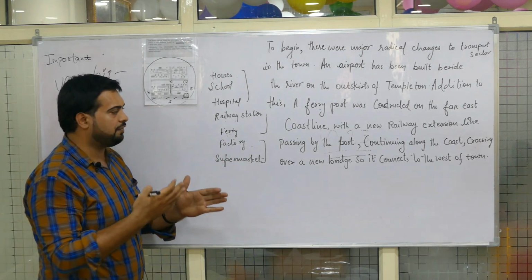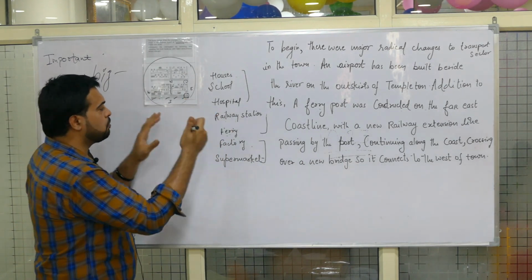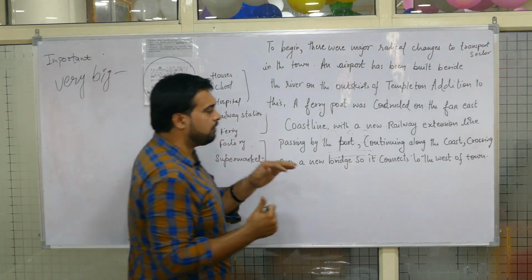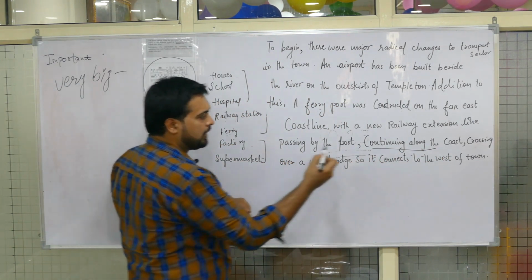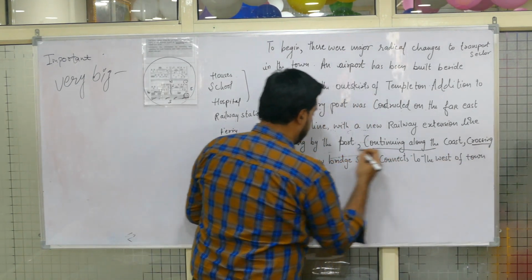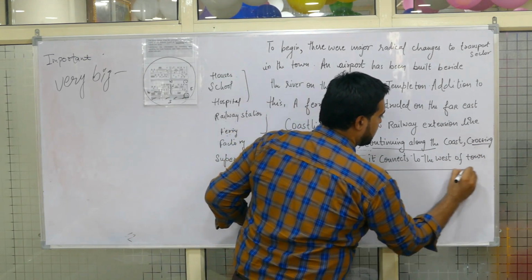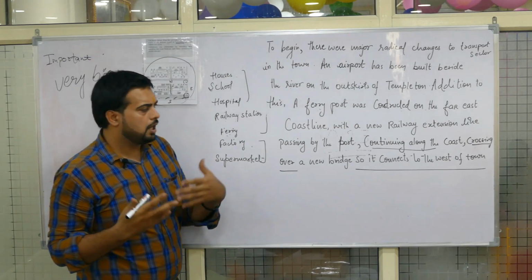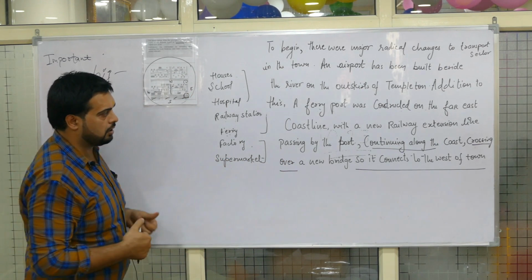Because it has to follow the coast. It means going along the sea. Continuing. In a development diagram you need to use such words. For example, one is here, another one is crossing over, so it connects to the west of the road. Any other particular name you have been given in the examination, you have to mention.